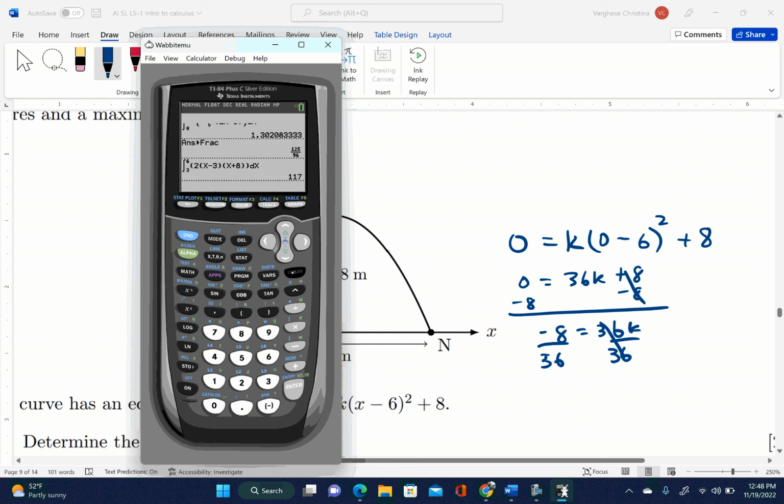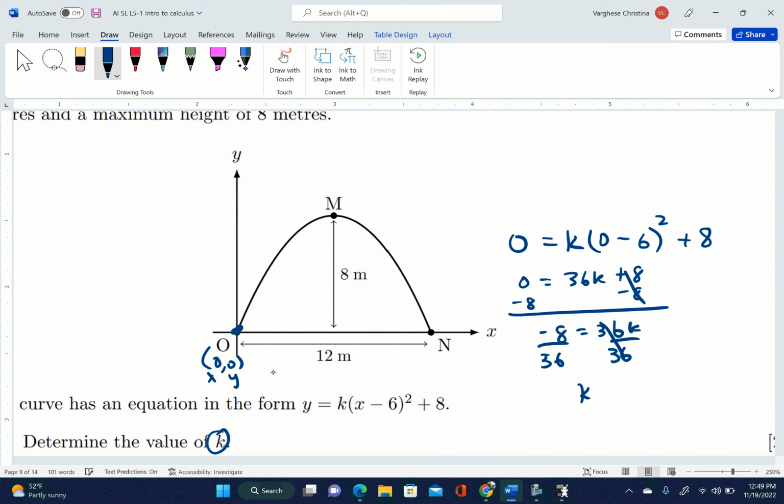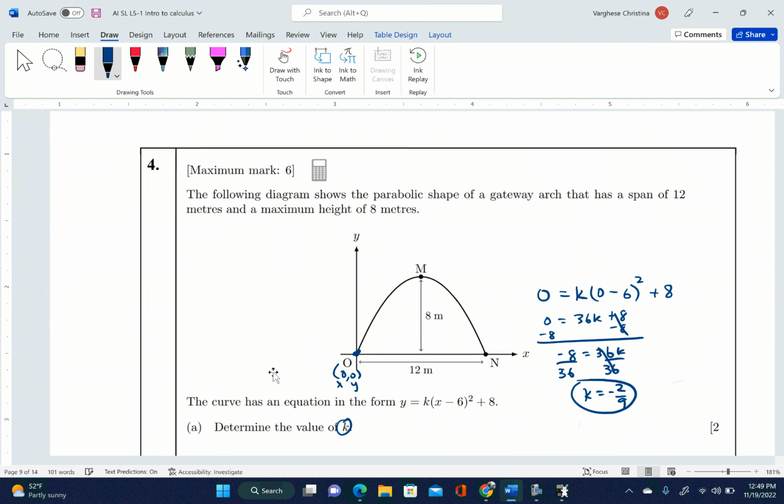All right. Clear. So I'm putting negative 8 in on top and a 36 on the bottom. So I'm just going to simplify this fraction, and I get that, which I don't want like that. I want it as a fraction. So negative 2/9. So k is equal to negative 2/9 is the answer for the first part.